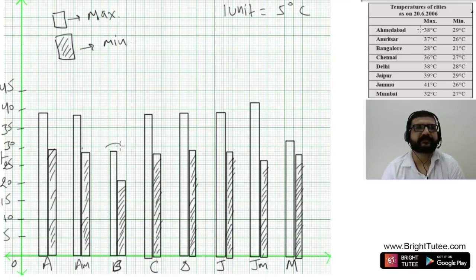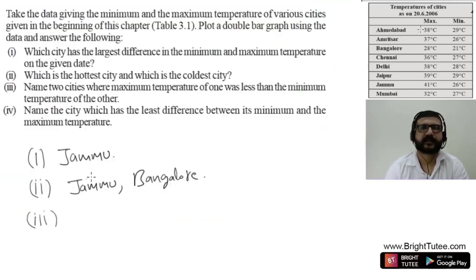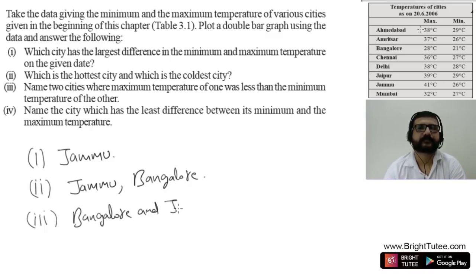The maximum temperature for Bangalore is less than the minimum temperature of Ahmedabad. Therefore, the answer for this question will be Bangalore and Jaipur, or it can be Bangalore and Ahmedabad.